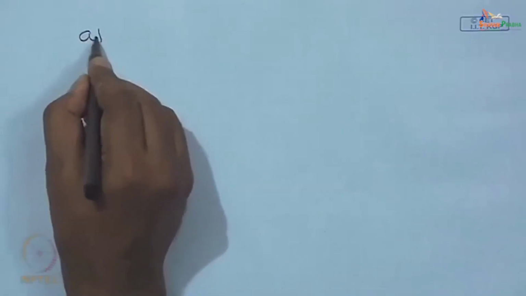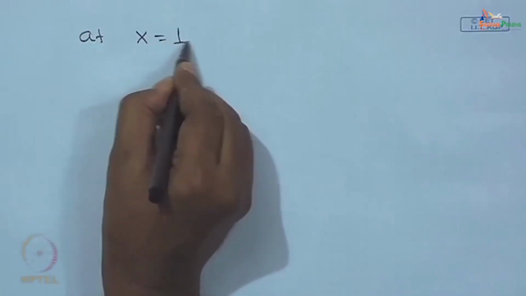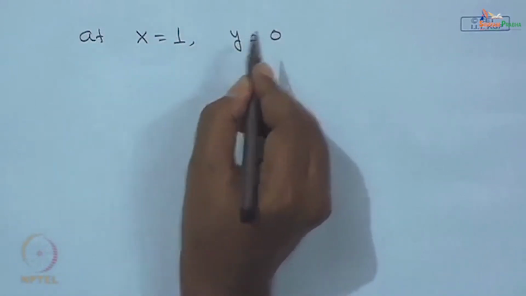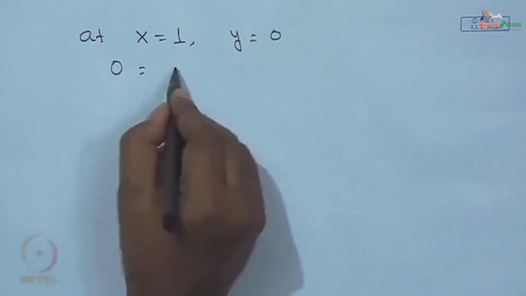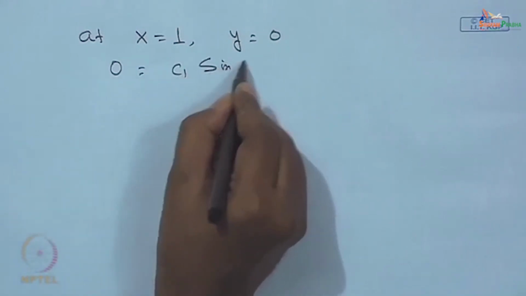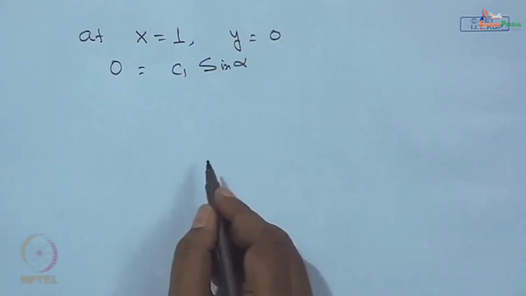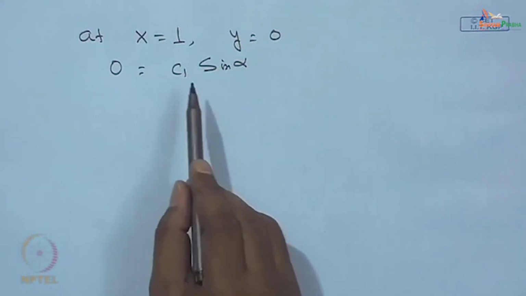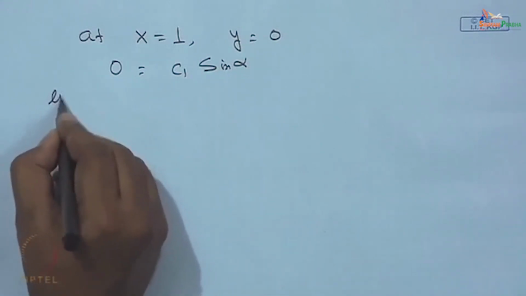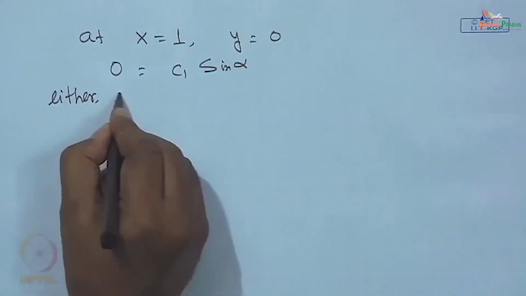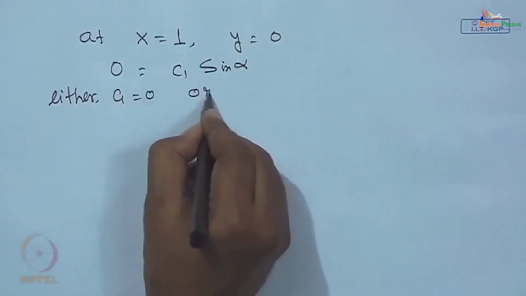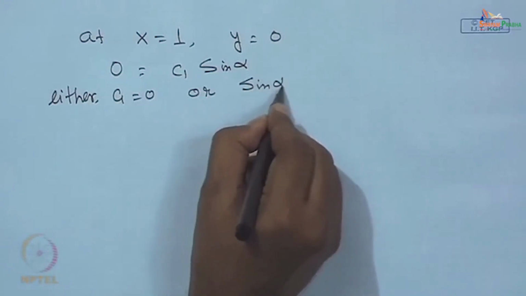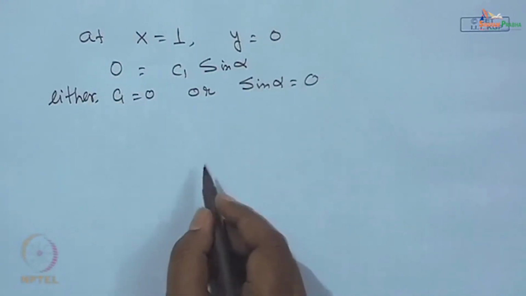Now, let us put the other boundary condition and see what we get as the solution of this equation. The other boundary condition is at x is equal to 1, y is equal to 0. So, if you put y is equal to 0, C 1 sin alpha. Now, there are two options of getting the solution: either C 1 is equal to 0 or sin alpha is equal to 0.